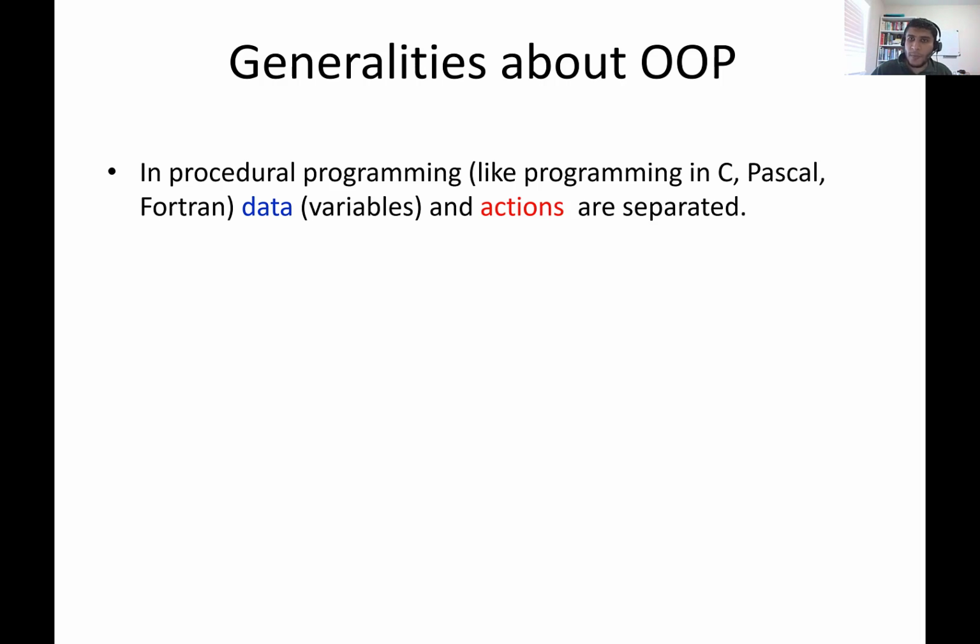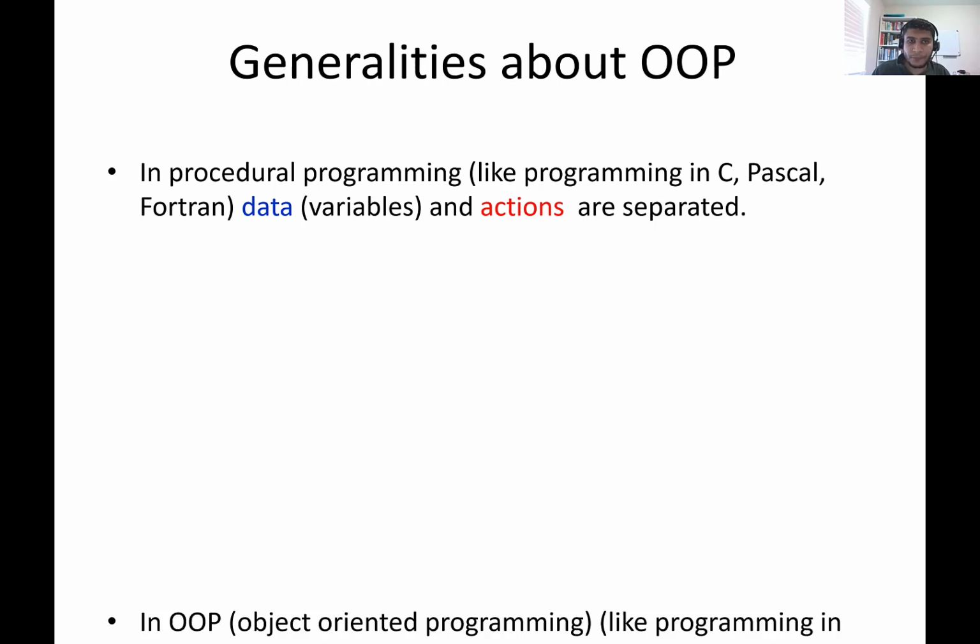Once you return, you go back to the main. So everything is procedural or sequential, right? And the main theme of procedural programming languages is variables and actions. Those variables or the data is really the types you define, and actions are the functions. Both are separate. And if you want functions to operate on data, you just pass these as input parameters, right?